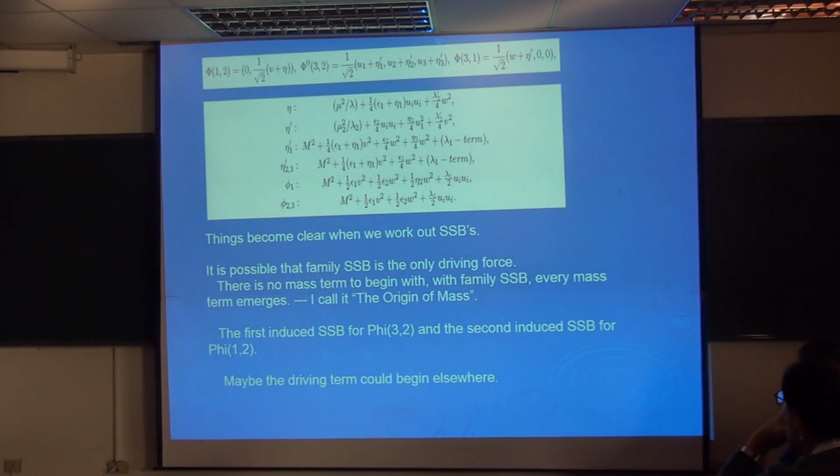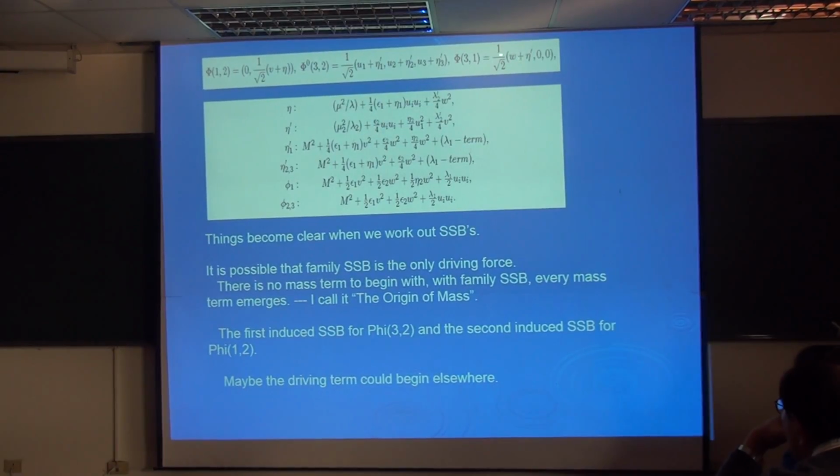Then you can determine the so-called unitary gauge. The unitary gauge, what does it look like? So the 1 to standard model is the same thing. And 3-2 has because of neutrino oscillation. So there is the U1, U2, U3.